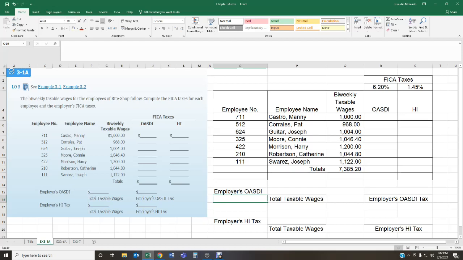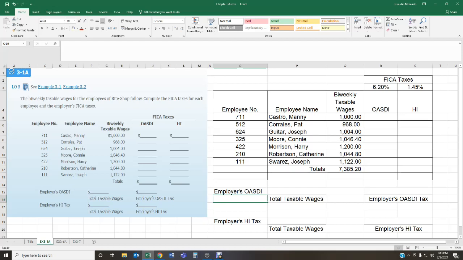As of the year 2020, the tax rates for both the employee and the employer portions of the tax are 6.2% for OASDI and 1.45% for HI. Now for OASDI, it's very important, and this information is provided in your book, there is a limit. There is a cap.